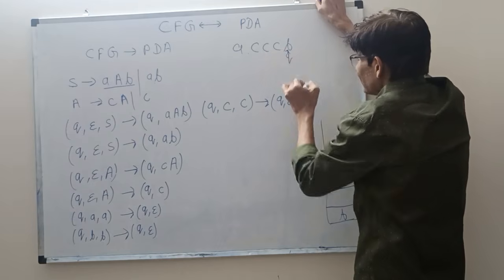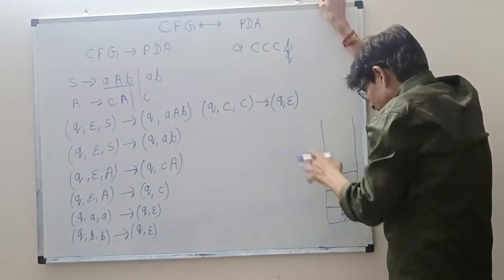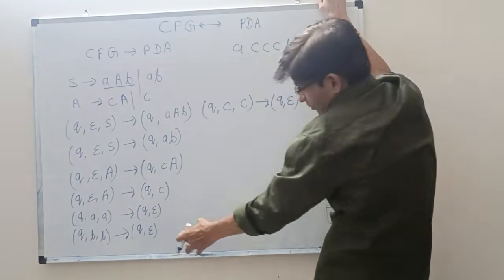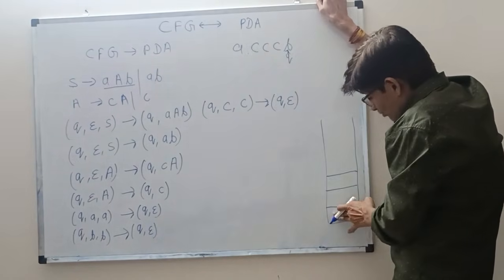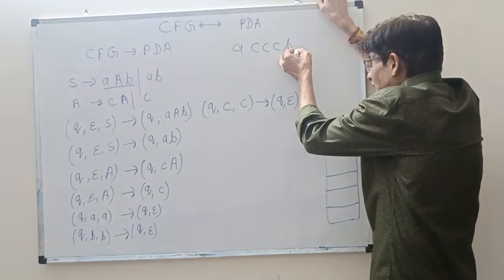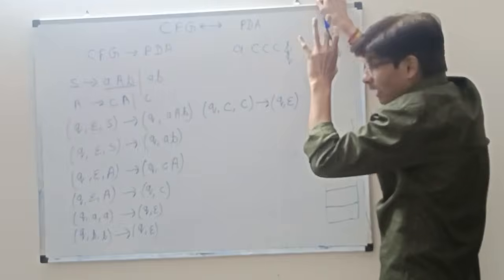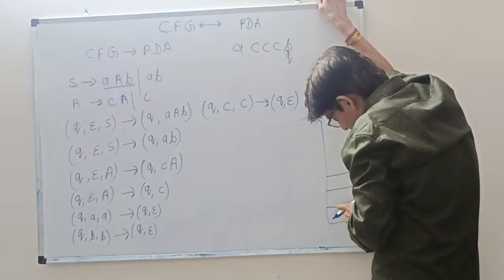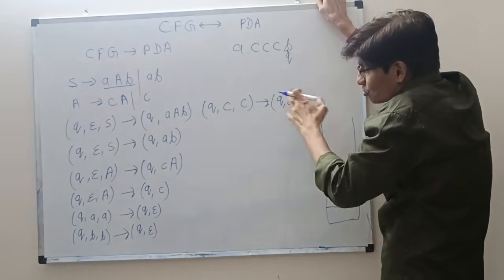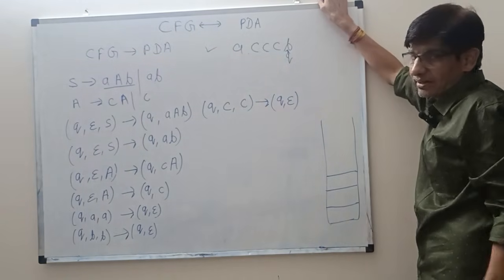So I'm reading this b. I'm in q, I'm reading b, and stack top is b. So I can remove this b from the stack. After this, nothing is there. This is the last symbol. After reading the complete string, as the stack is empty, I can consider this string as accepted by the PDA.